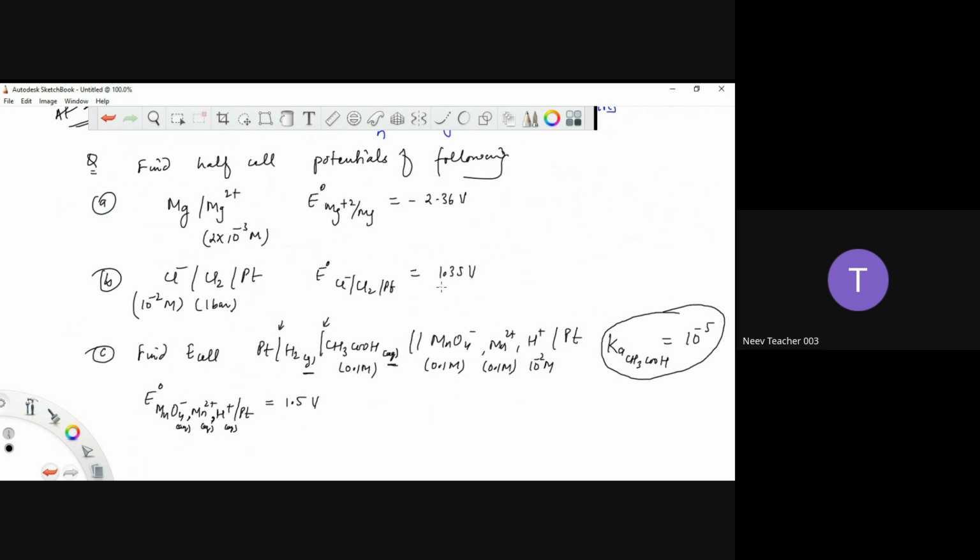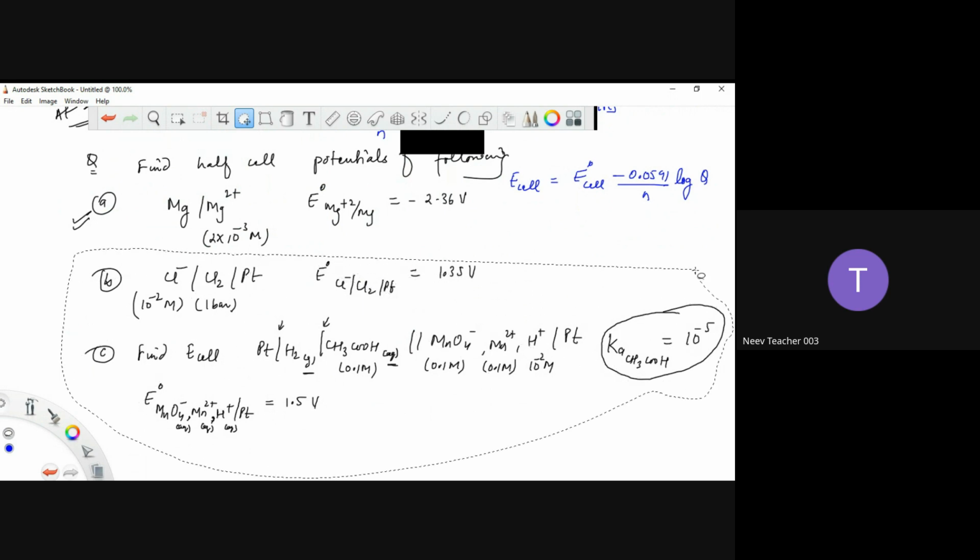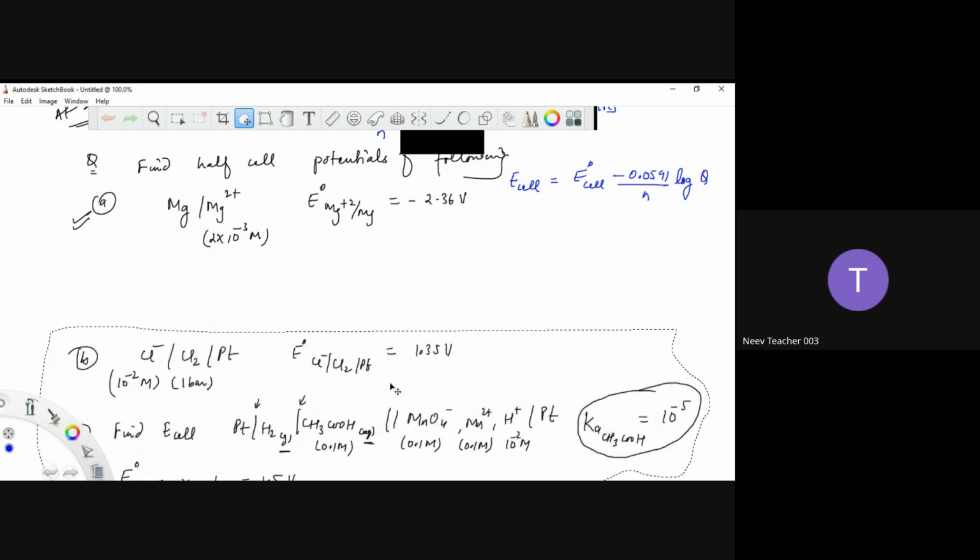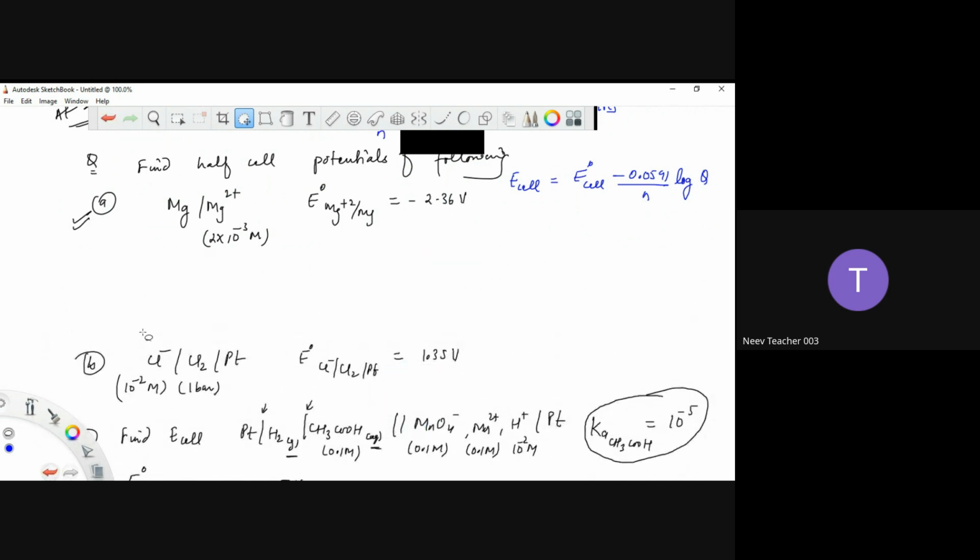Okay, for the first one, I hope every one of you has done this. Tell me, what will it be? So E cell for this will be E naught cell minus 0.0591 divided by n log Q, isn't it? First of all, you should have an idea of how many electrons are involved and how this reaction goes.